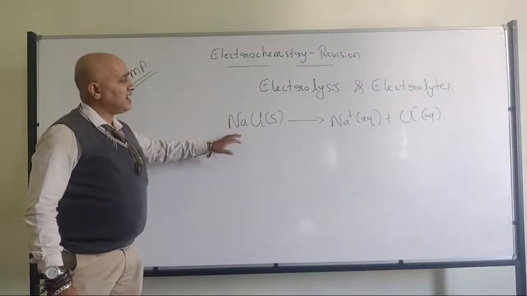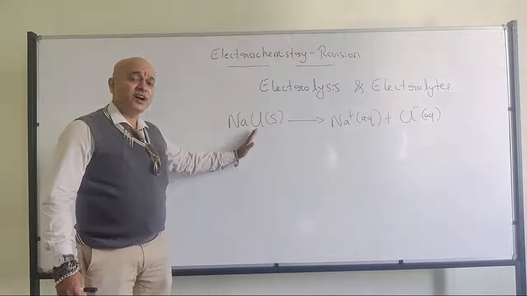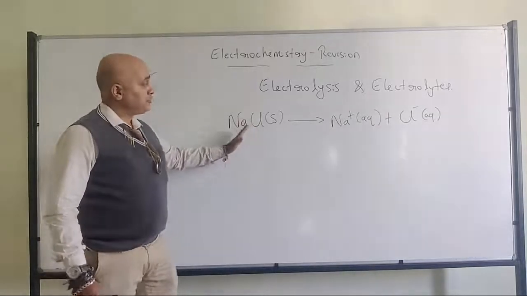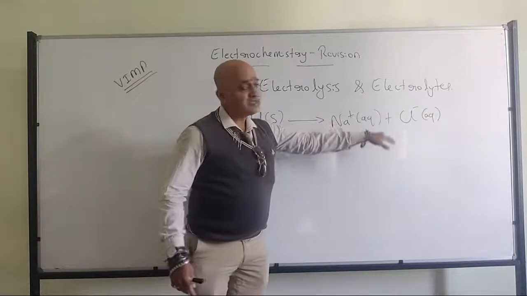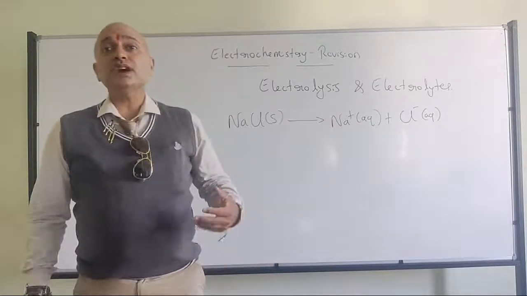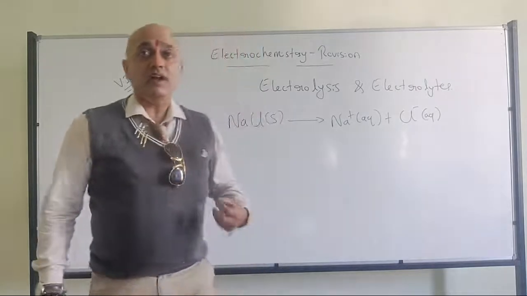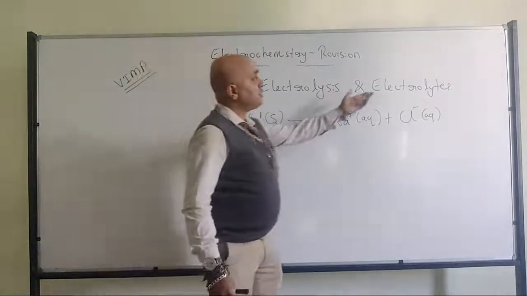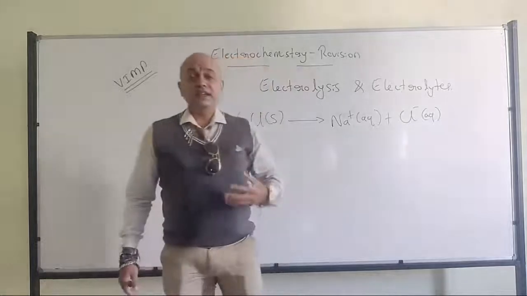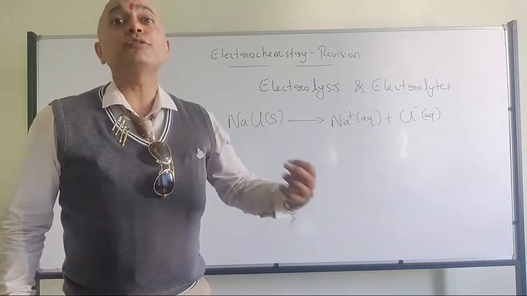So that's where we have the lysis of this particular molecule, lysis of NaCl, which will be lysed as Na+ and Cl-. If this process happens in the presence of electric current, then it is called electrolysis, or dissociation of electrolytes in the presence of electric current is nothing but electrolysis.